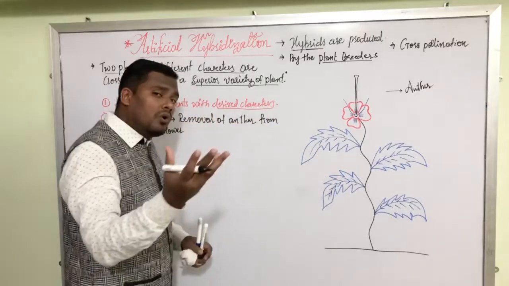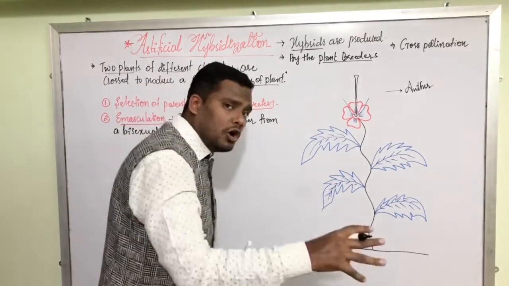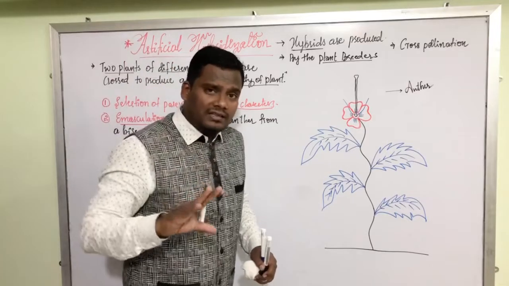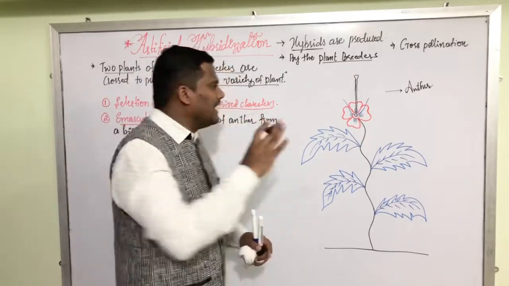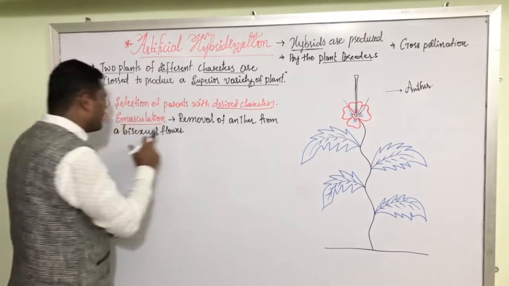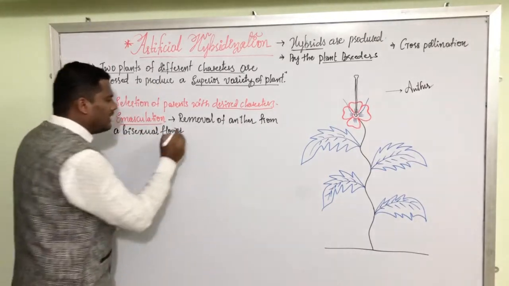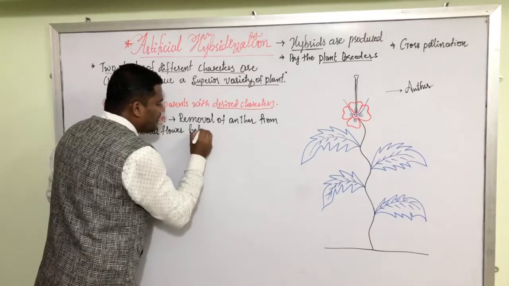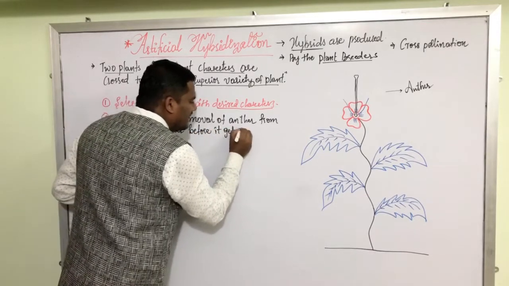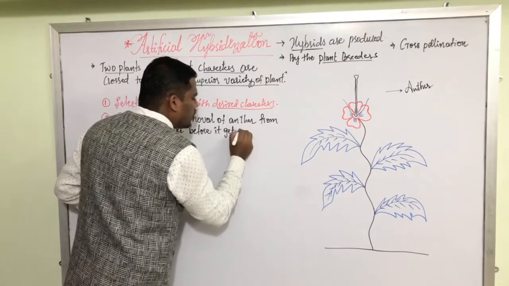So, before the anther gets matured, the anther should be removed. Before the maturity of the anther, anthers are removed from the bisexual flower. Removal of anthers from a bisexual flower before they get matured.